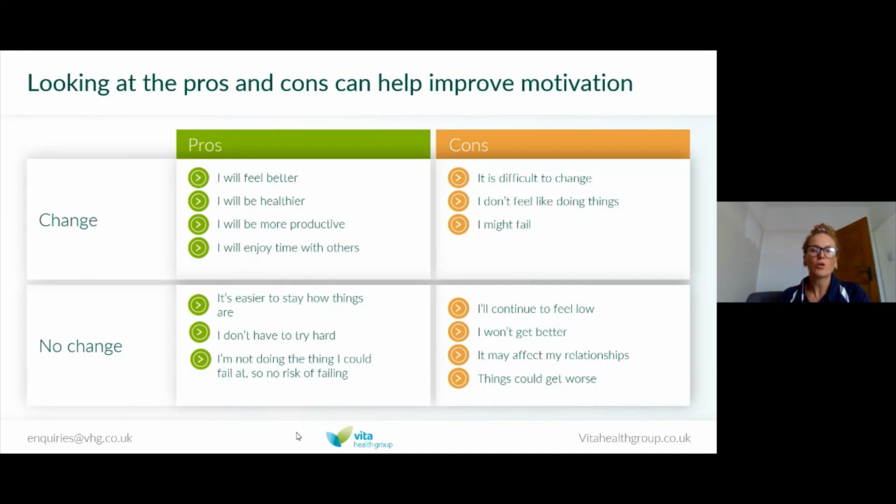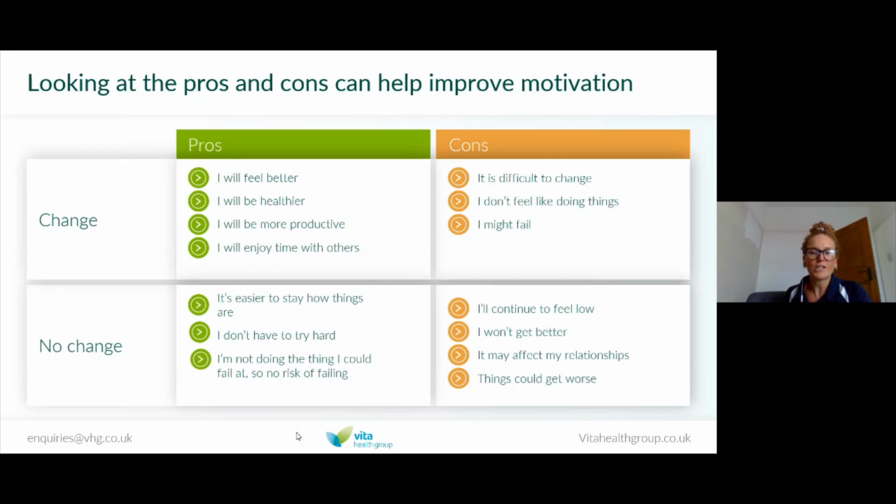Okay, so thinking about the pros and cons of making changes can help us with our motivation. To do this, it might be helpful to remind ourselves of our goals or our values. When you're feeling unmotivated, remind yourself that the pros of change and the cons of not changing are more important to you than the pros of not changing.